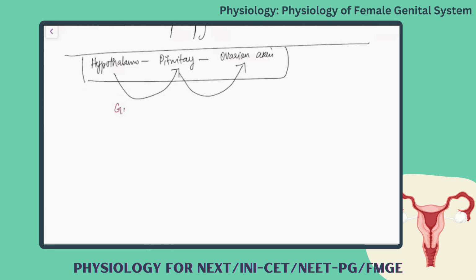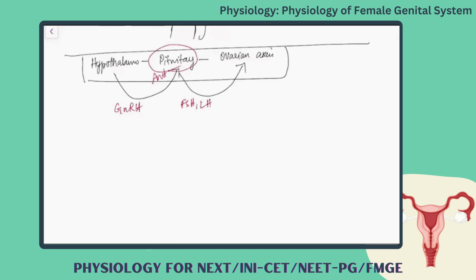Hypothalamus, GnRH. This is going to act on the anterior lobe of the pituitary gland, and this will result in the release of FSH and LH. And this FSH and LH is the one which is going to give the major role in the reproductive function.